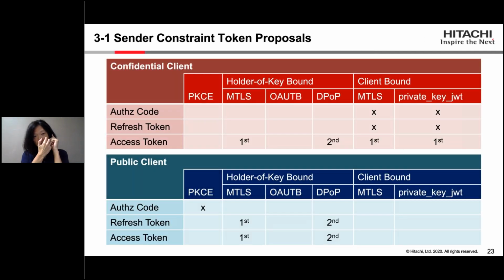For public clients, please refer to the tables below. I think PKCE is the only viable option for the sender constraint OAuth code. And for refresh token and access token, we can use MTLS as the first option and DPoP as the second option for realizing the refresh and access tokens to be sender constrained.